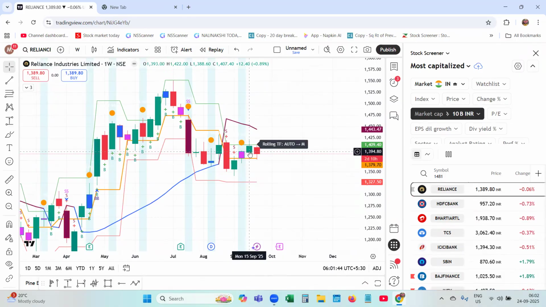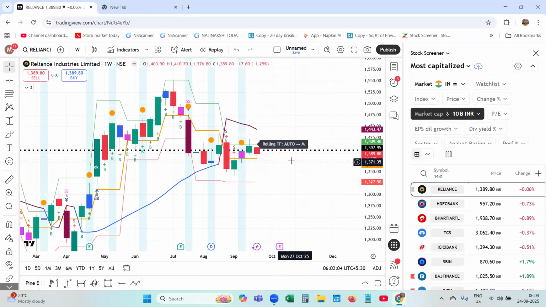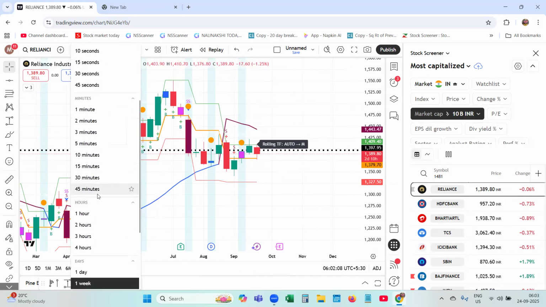The top of the midweek level is around 1396. So if the price starts moving above 1396 in this month, next month, let me change it to daily.